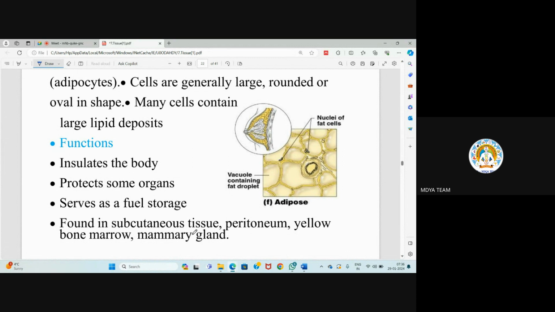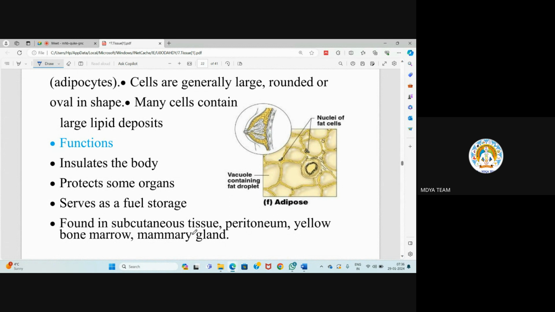And found in subcutaneous tissue. What do you mean by subcutaneous tissue? Somewhere near the nails, ma'am. Close to nails. No, but at least you have tried. Good.